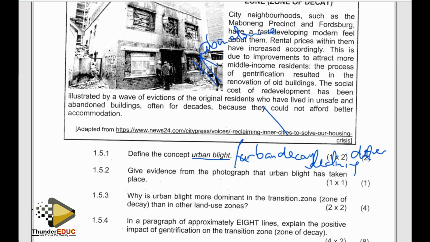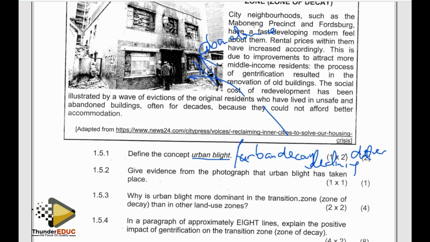So basically the area is deteriorating, is losing its value, is having crumbling infrastructure, abandoned buildings, and neglected buildings. That is basically the situation of urban blight.